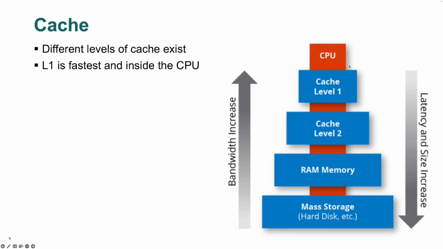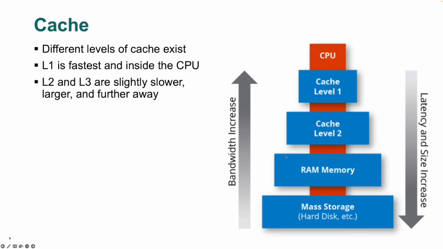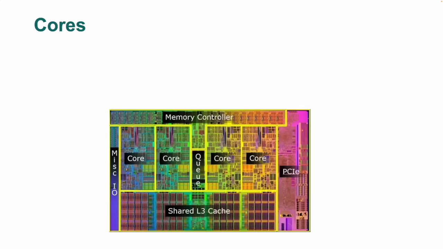It's the smallest and it's the fastest. You can see this diagram here, right? Bandwidth increases. That's the speed of access. And you can see that level 1 is the fastest, smallest, and closest to the CPU. Level 2 and level 3, although not pictured, are slightly slower, a little bit larger, a little bit further away, still faster than RAM. Okay, and that's basically about cache.